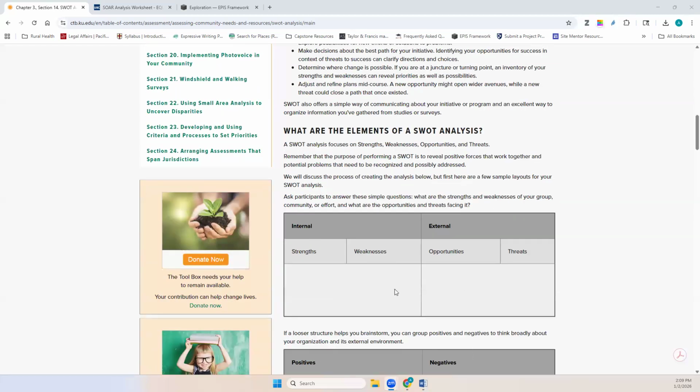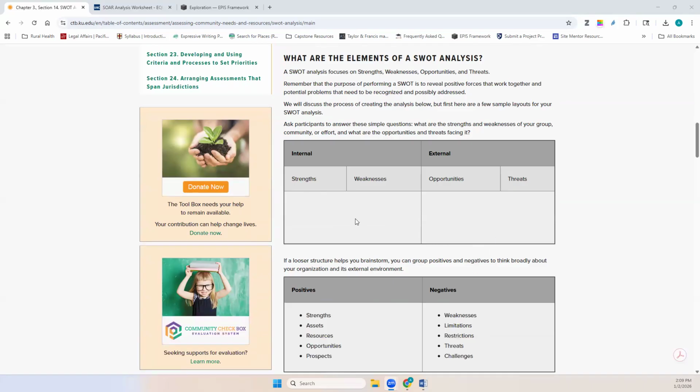There are also some templates here that can be really valuable for including in your proposal. So your needs assessment could be a table, such as this one here on the screen, or it could be more narrative, or it could be in a different visual format, whatever is most relevant and helpful for your work.